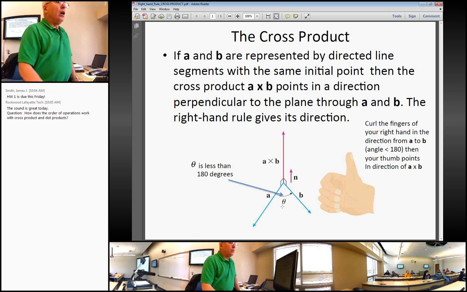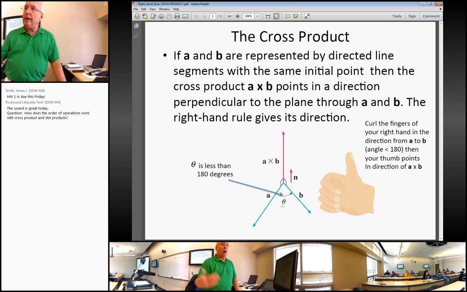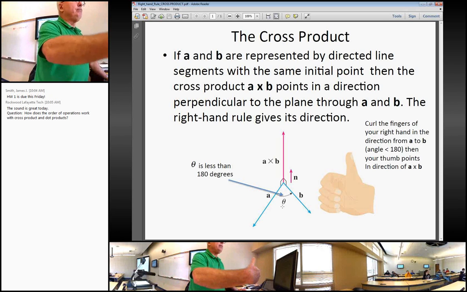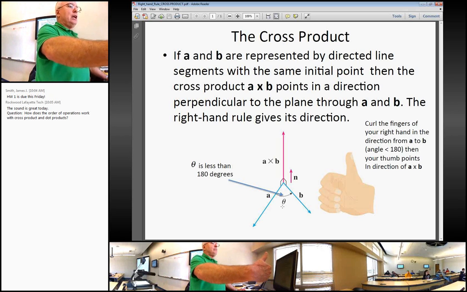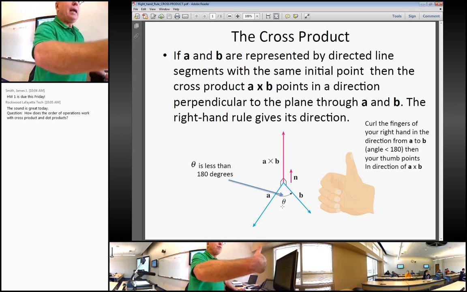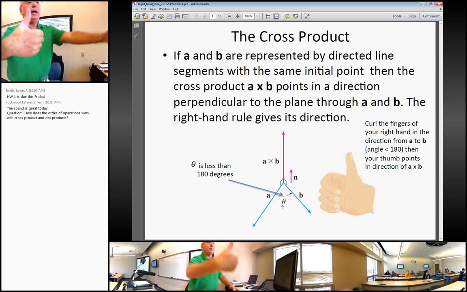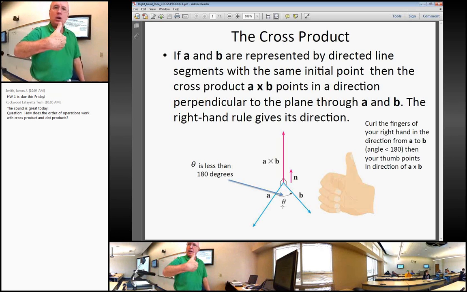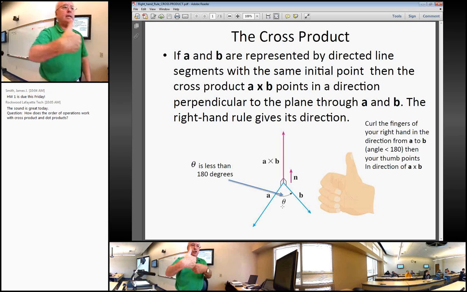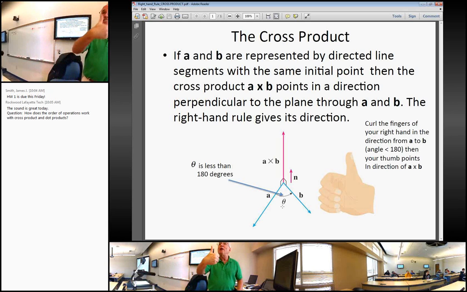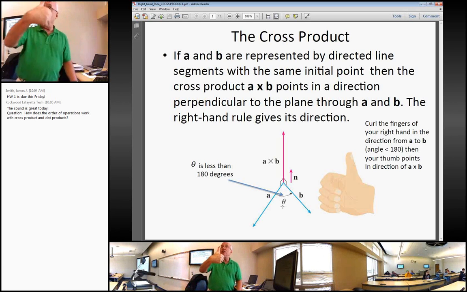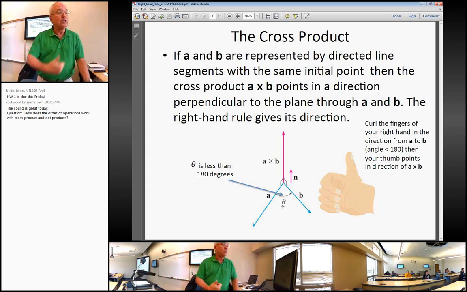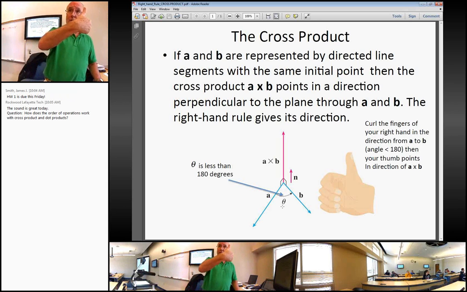So basically, we take our right hand and we curl our fingers around from A to B. So here A to B is going this way, so I curl my fingers this way with my right hand to represent from A to B, and then the direction of my thumb is the direction that the perpendicular cross product is going. So in this case, the cross product is going up like this, all right?